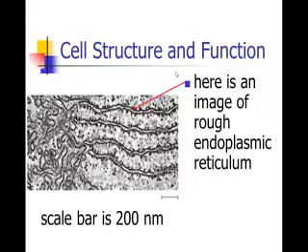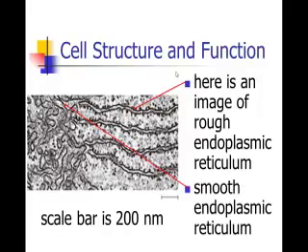So here's a photomicrograph of the rough endoplasmic reticulum and the smooth endoplasmic reticulum. And you can see these little granules, or little particles, attached to the endoplasmic reticulum. Those are the ribosomes. And you see with the smooth endoplasmic reticulum, there are no ribosomes.